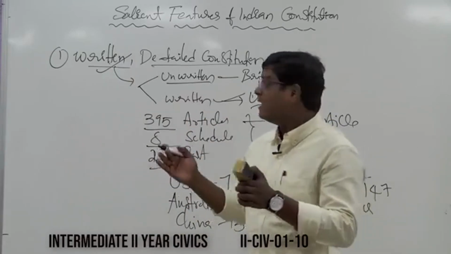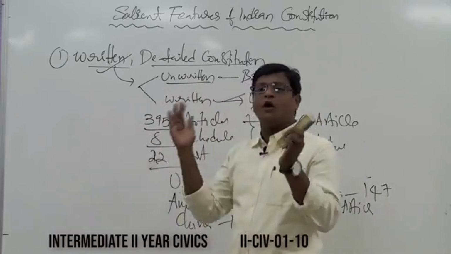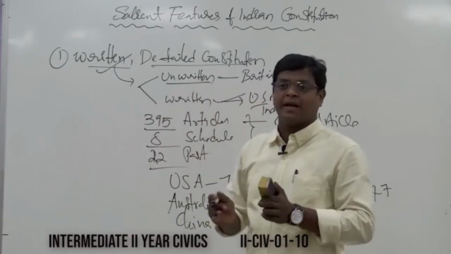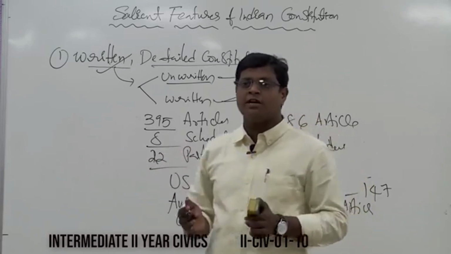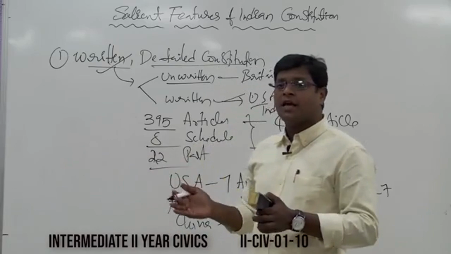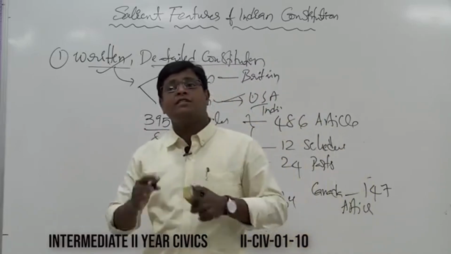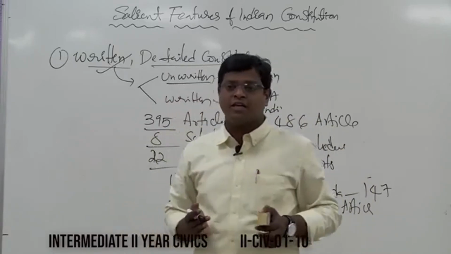because of the incorporation of all the provisions in a very detailed manner. What are all the provisions regarding rights, responsibilities, directive principles, and the bifurcation of powers between the legislature, executive, and judiciary?